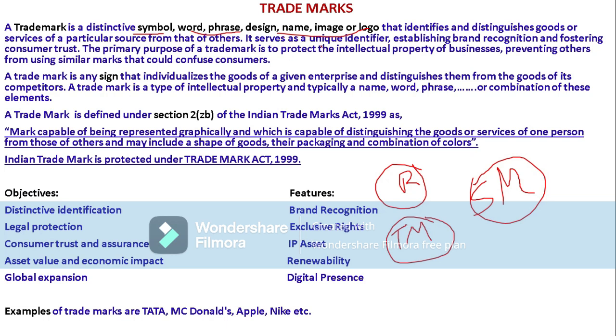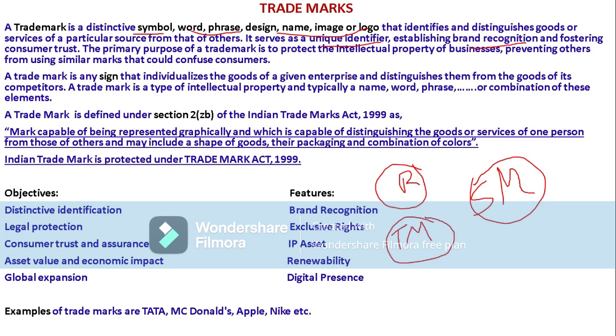So it serves as a unique identifier. We can say a trademark is a unique identifier. Each brand, each product, each service has its own uniqueness. So establishing brand recognition and fostering consumer trust can be considered as the advantages of trademarks. Why? Because a trademark differentiates products and services, and at the same time it establishes brand recognition.